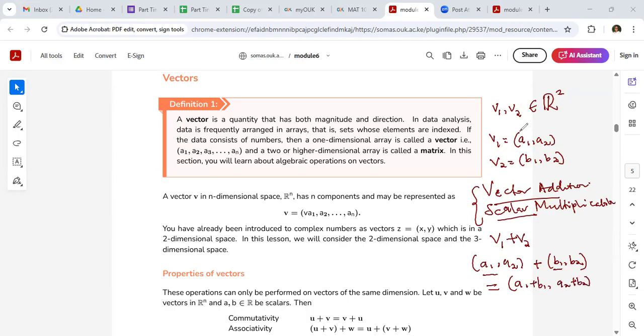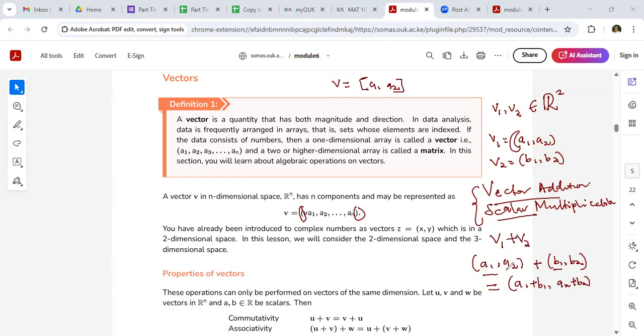And please note the brackets I'm using: open brackets for vectors. Remember, for sets we were using curly brackets, which is why you need to be careful when you write a set. For vectors we use the open brackets. I'll explain later why you cannot write a vector in this other form, because it means something else. So always represent vectors with an open bracket.